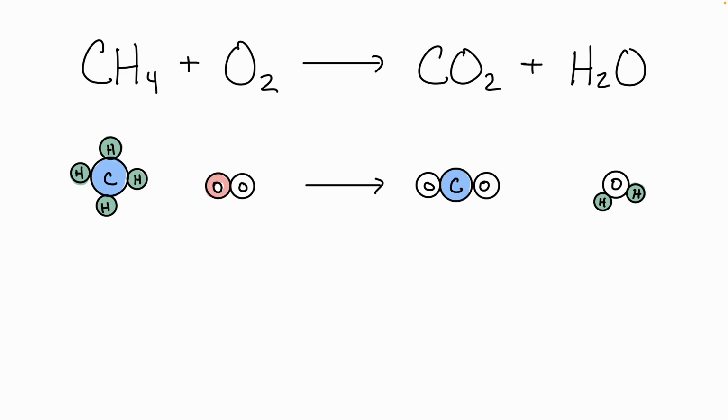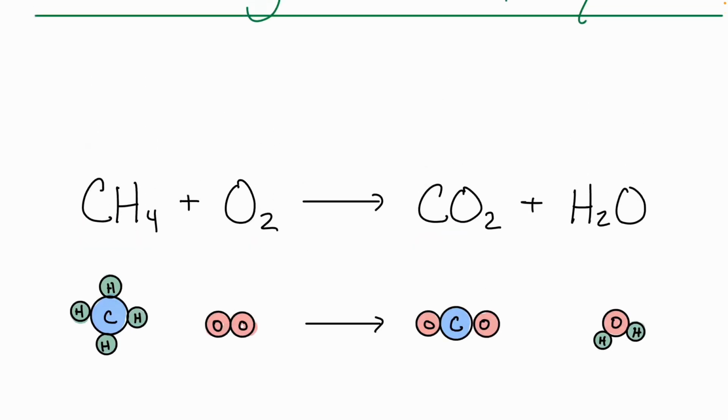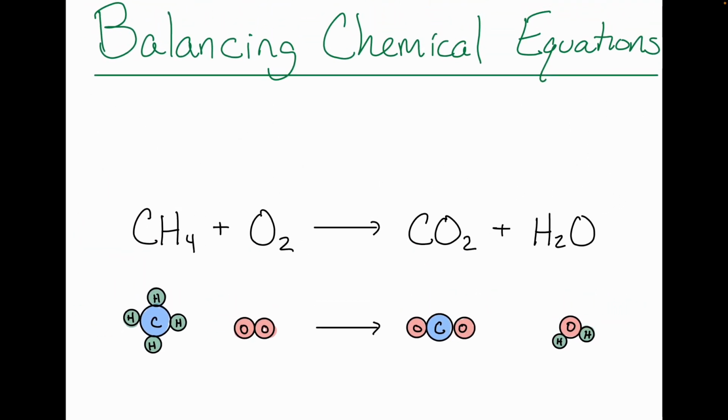Likewise, I have 2 oxygens on my reactant side, but 3 on my product side. Okay? And importantly, these oxygens can't just have disappeared into thin air or reappeared out of nowhere. Same with our hydrogens, right? That would violate our conservation of matter rule. So the reason this violates our rule is because this chemical equation is not balanced.